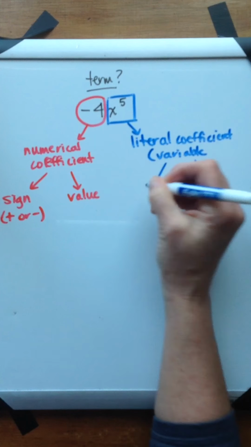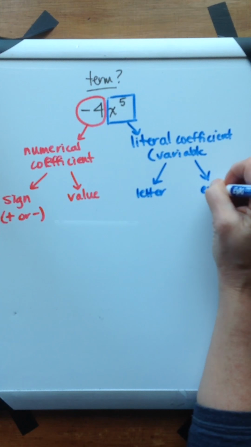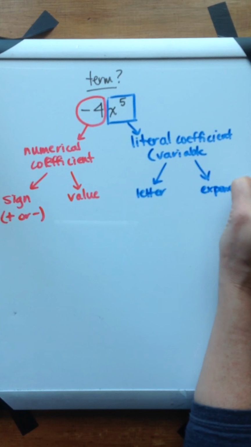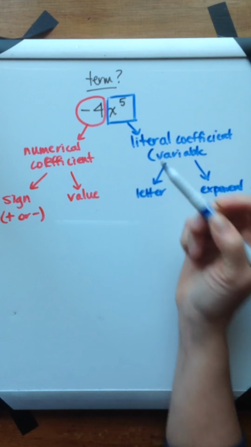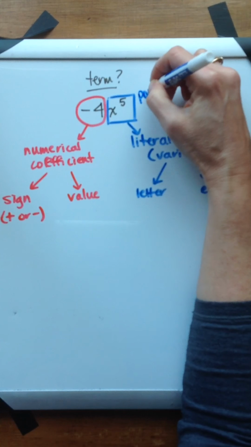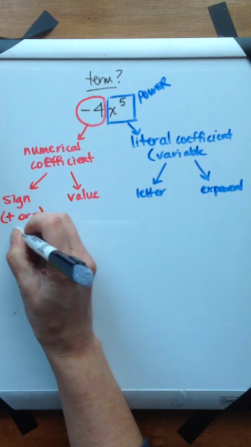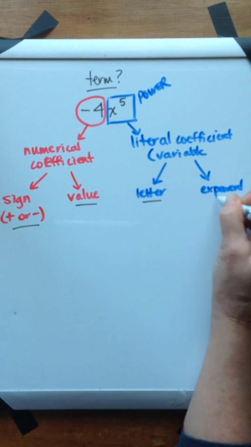It consists of a letter and it consists of an exponent. Because it has both a base and an exponent, this entire thing is also referred to as a power. So when we talk about terms, we have to be mindful of all 4 parts: sign, value, letter, exponent.